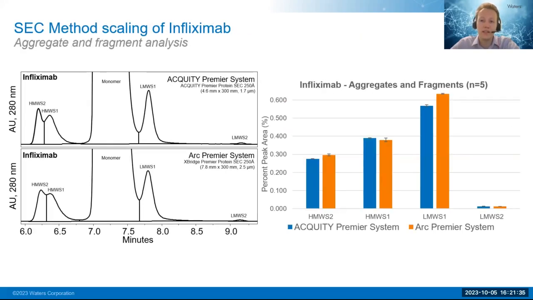For SEC, although we are utilizing an isocratic gradient, parameters such as flow rate and injection volume still need to be scaled between systems to maintain the same column loading and column volumes for equivalent performance.